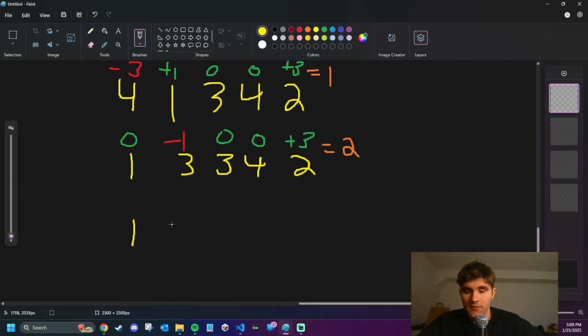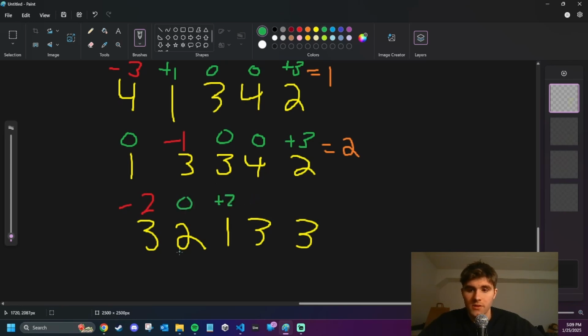So what if I have 3 3s? So if I say 3, 2, 1, 3, 3. So the first one is minus 2. This one is 0. This one's plus 2. So 1, 2, 3, 4, 5. So now this gives us 3.